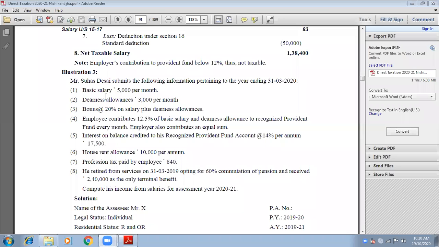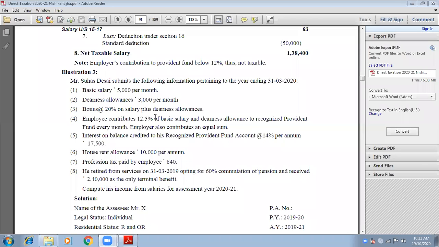There are a few items given: basic salary, dearness allowances, bonus, employees' contribution towards recognized provident fund, interest credited on the amount deposited in recognized provident fund, house rent allowances, professional tax, and there is a pension also. So he has asked to compute his income from salaries for the assessment year 2021.